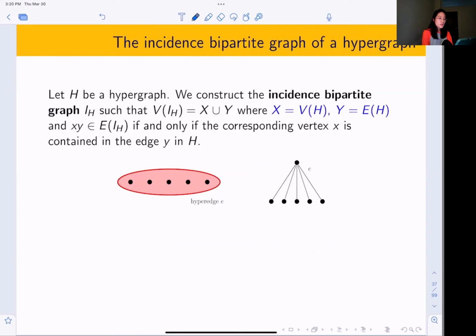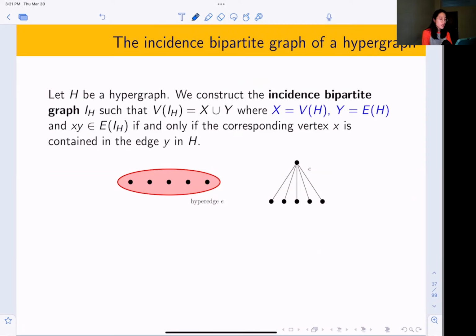So our goal is going to be to prove similar results for hypergraphs, and it will help us if we can apply as many results from graph theory to hypergraphs as we can, just because it's easier to prove things for graphs. So for that, I want some sort of bijection between graphs and hypergraphs. The one that we'll look at is called the incidence bipartite graph.